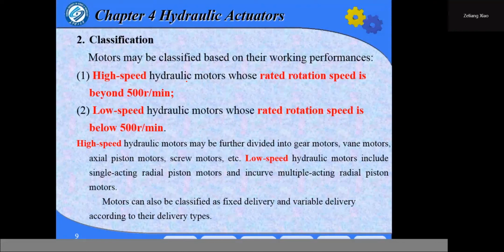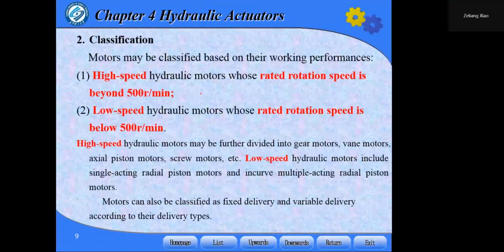One is high-speed hydraulic motors, whose rated rotation speed is beyond 500 rotations per minute. If its rotational speed exceeds this number, it's a high-speed hydraulic motor.